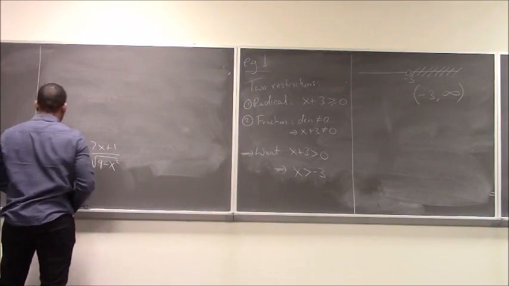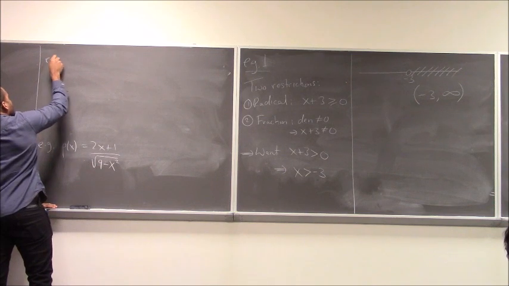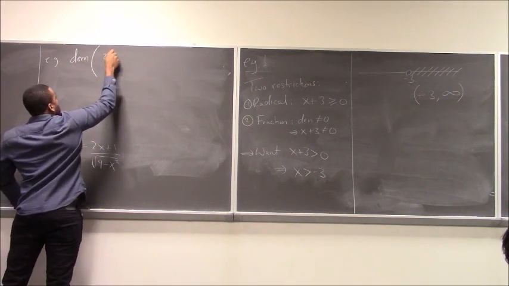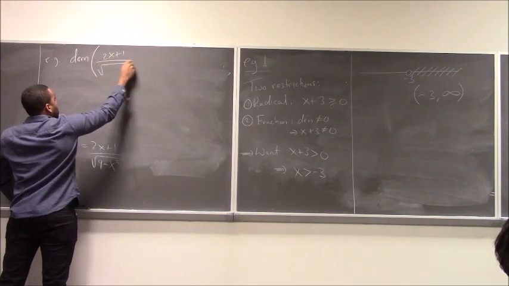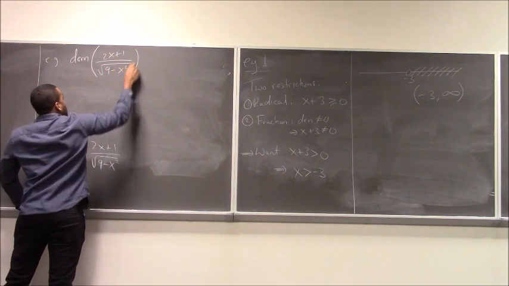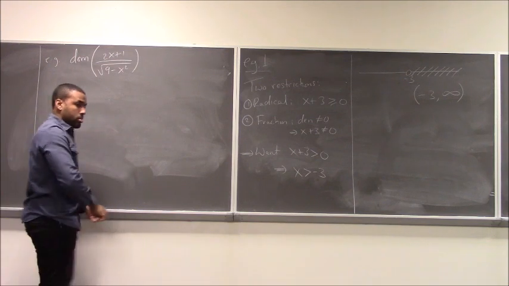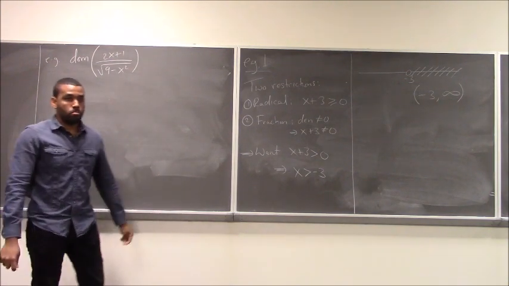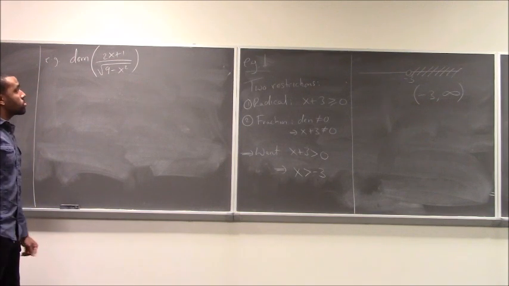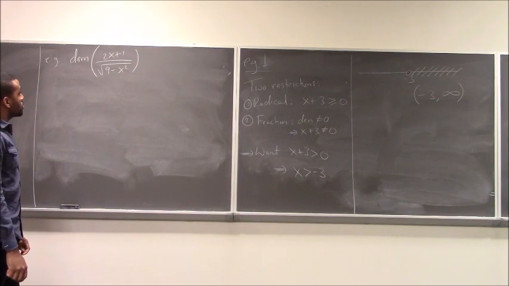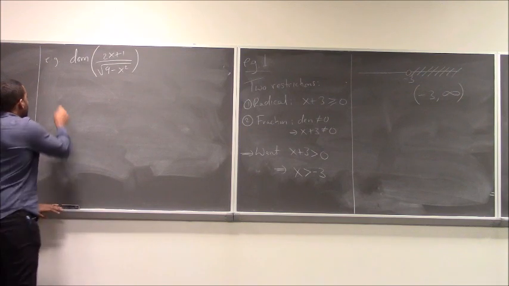Let's do the second one. To have it so that you do 9 minus x squared is greater than 0.